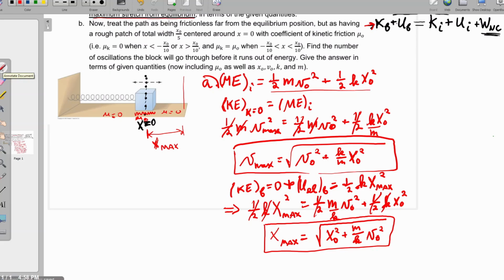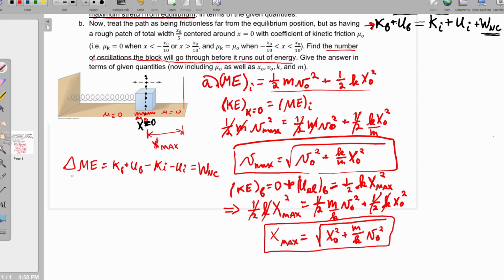Here we're going to have the change in mechanical energy, or K final plus U final minus K initial minus U initial, is going to be equal to the work that is done by non-conservative forces. And we're going to find the number of oscillations the block will go through before it runs out of energy.